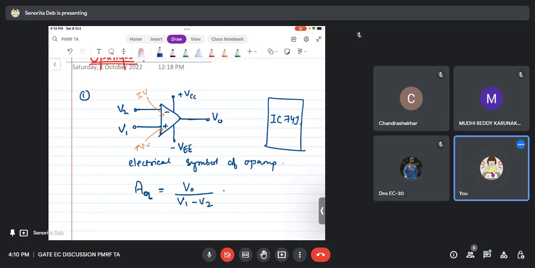Okay. So this is called the open loop gain, which is infinity for an ideal op-amp and having a very high but finite value for non-ideal op-amp. Okay. Open loop gain and closed loop gain are two different things.